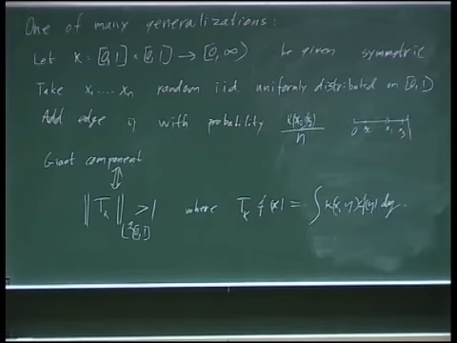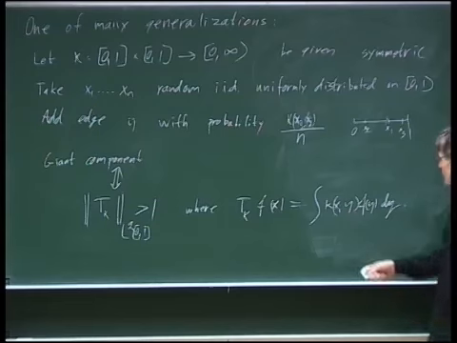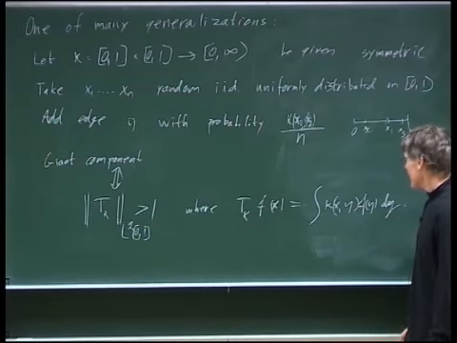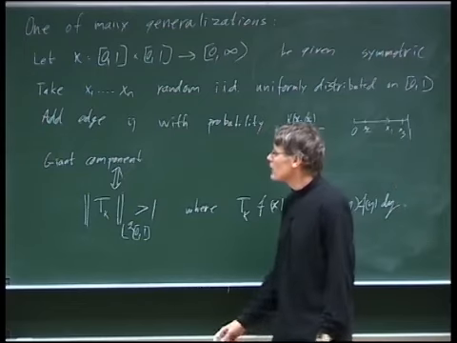So if kappa is a constant lambda, this integral operator is just a trivial thing, and you see it has norm lambda, and you're back in the old case.